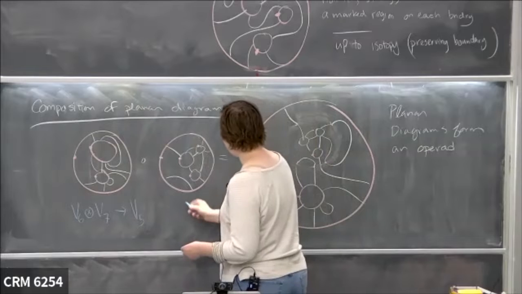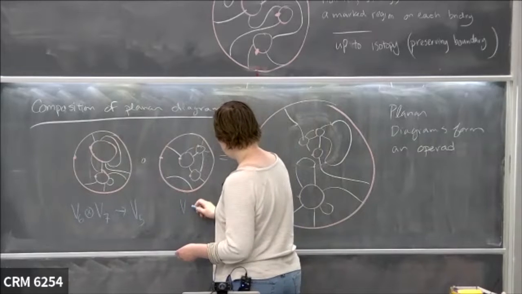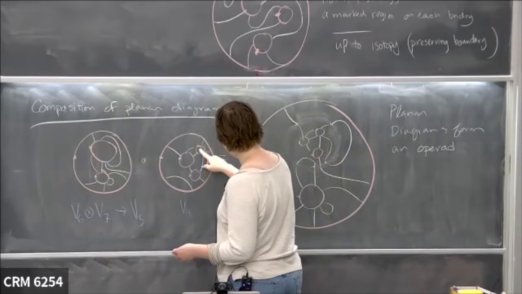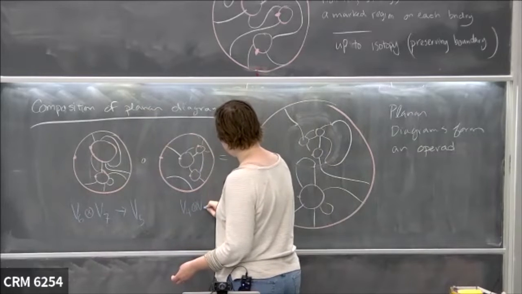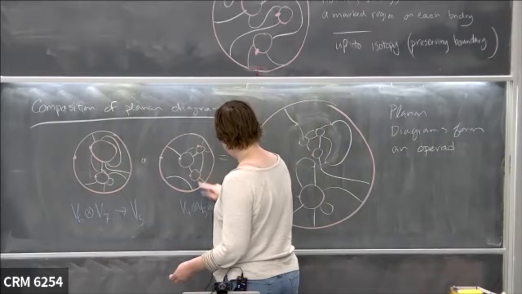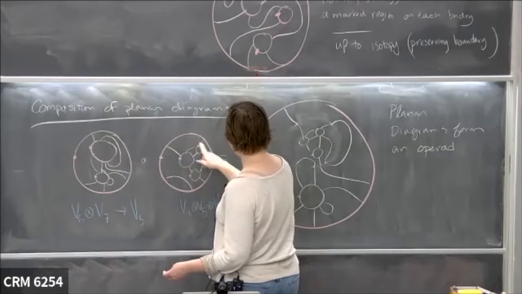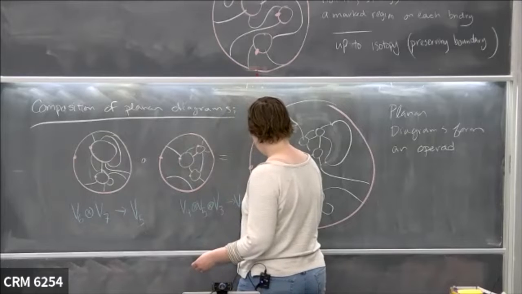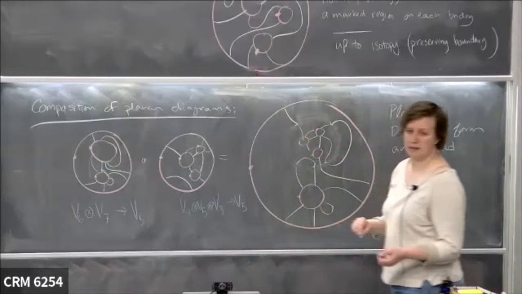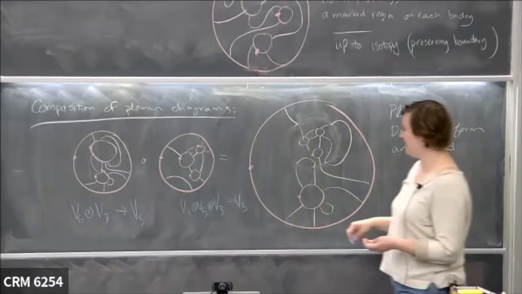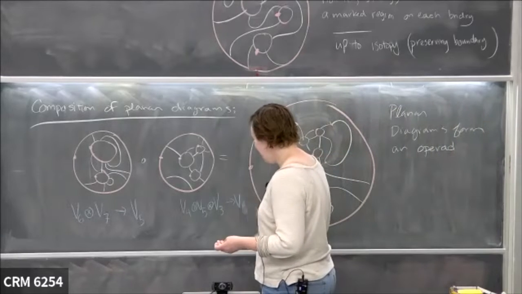And here we have inputs coming from V4 and V5 and V3. And they're giving us an output in V5. I hope that I've counted those correctly. 6, 6, thank you.